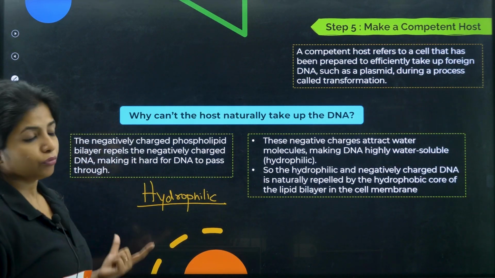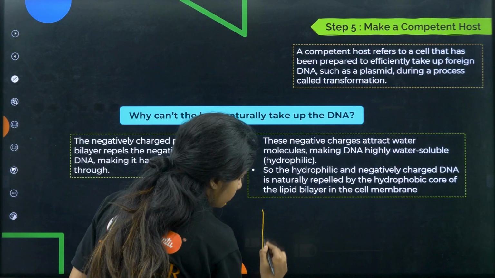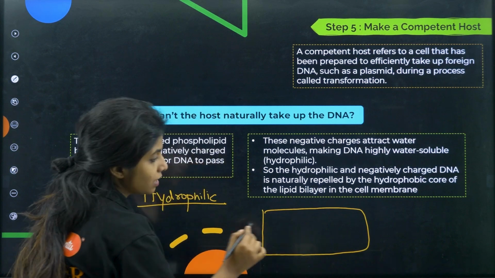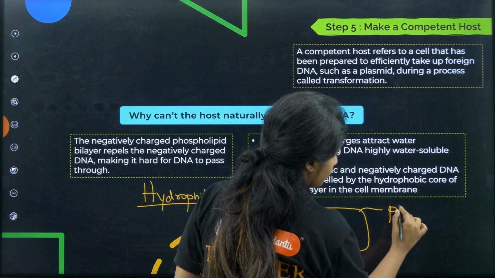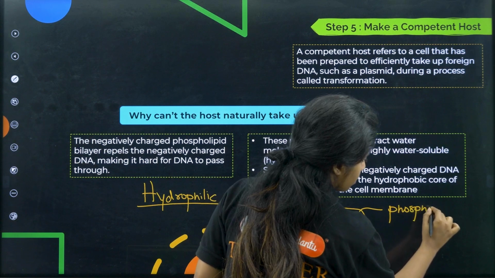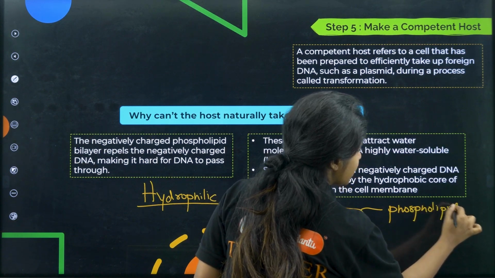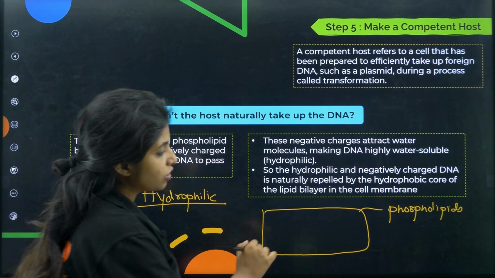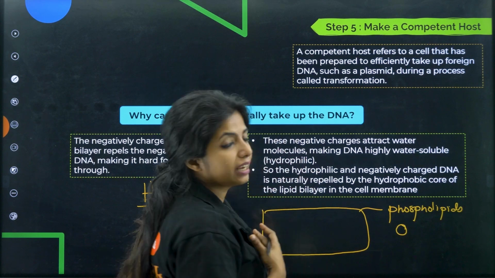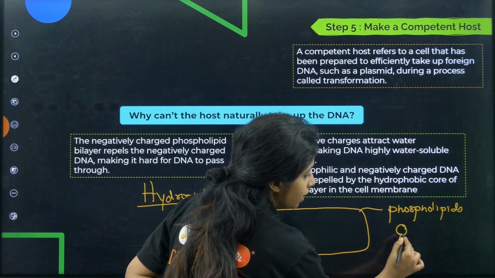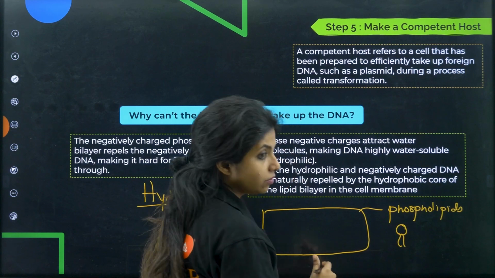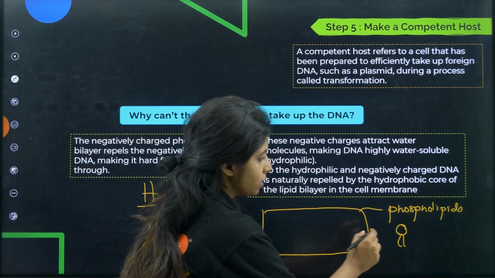It's a negatively charged thing, so it will attract water molecules and stuff like that. Now, we all have certain membranes, and you have to pass these membranes to get inside. Our membrane is usually made up of phospholipids, and they kind of hate water. Phospholipids have a hydrophilic head, which loves water, and a hydrophobic tail that hates water. So suppose this is a cell.